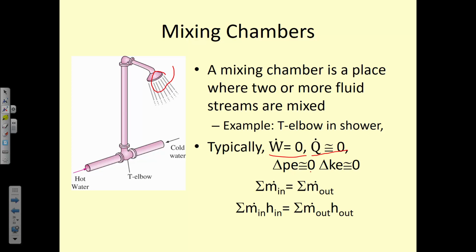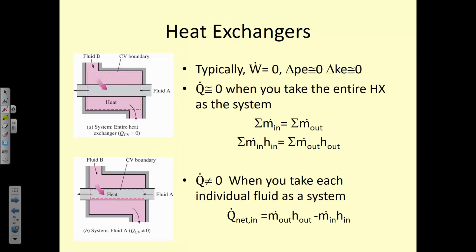Often we neglect any heat transfer or potential or kinetic energies. But what's really interesting is balancing the mass flow because you have two inlets and one outlet in this case. So you can perform the mass balance to determine what's coming in, what's coming out. And if you know the associated enthalpies of each of those fluid streams, then those are the only terms left in your energy balance.